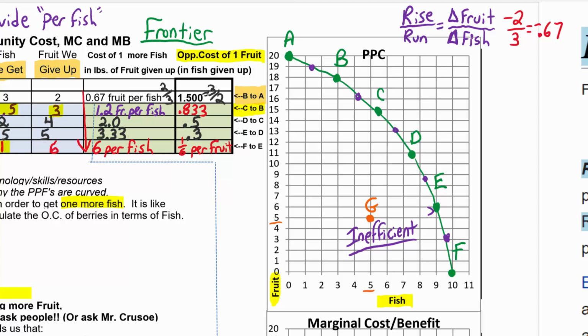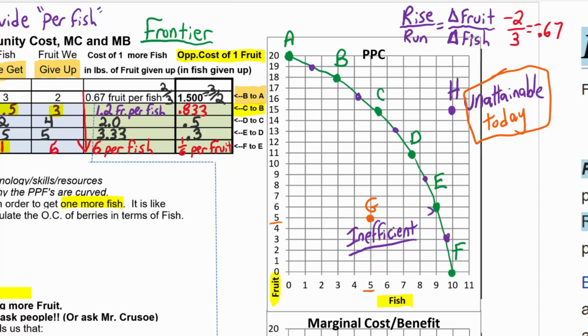Another kind of point we want to think about here is, what about a point like H? We want to call a point like H unattainable. Now, I like to add a word. Textbooks like to just call this unattainable. I like to be a little more optimistic and say, well, this is unattainable today, which means today we only have a certain amount of resources, and H is not possible.